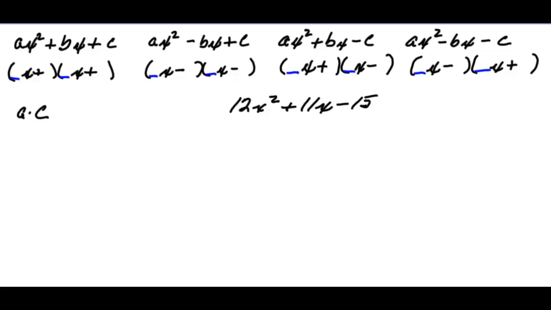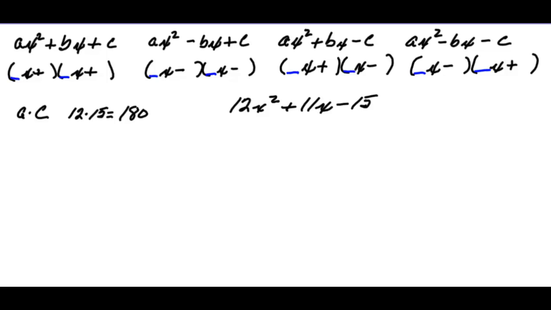When we multiply our A times our C, which is 12 times 15, what we end up with is 180. All right. Now, this time, because the C is negative, we're looking for two numbers when multiplied together give us a difference of 11.